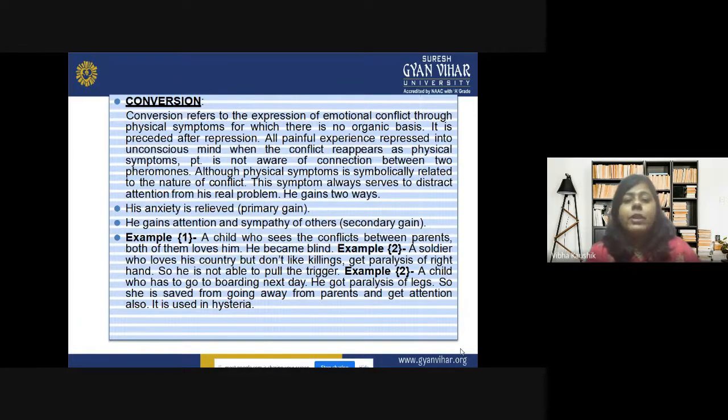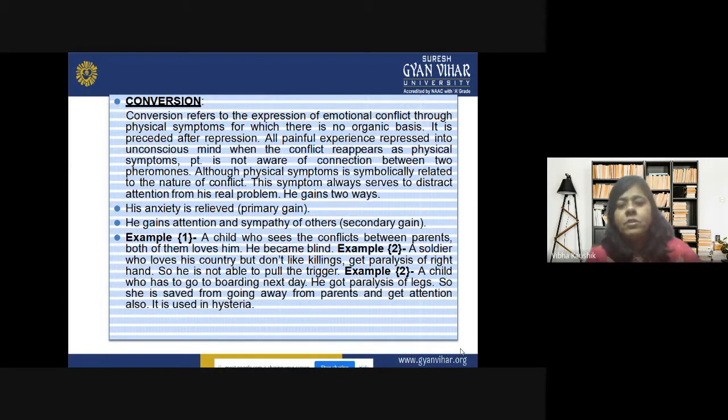The next one is conversion. Conversion refers to the expression of emotional conflicts through physical symptoms for which there is no organic basis. This defense mechanism proceeds after repression.